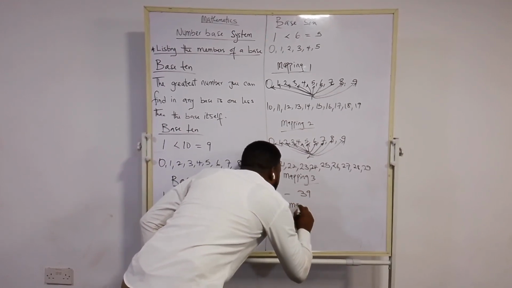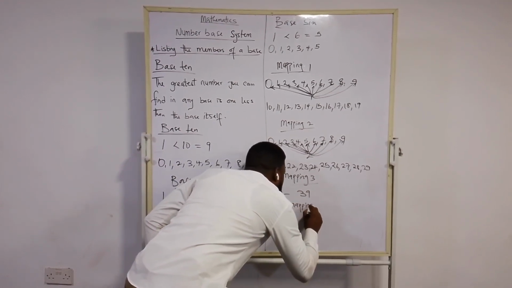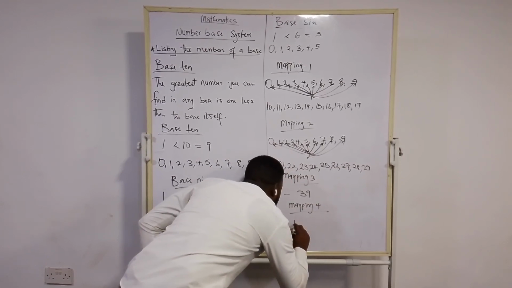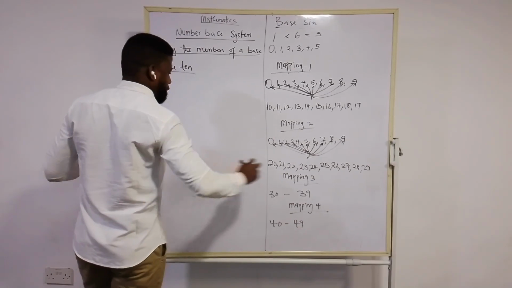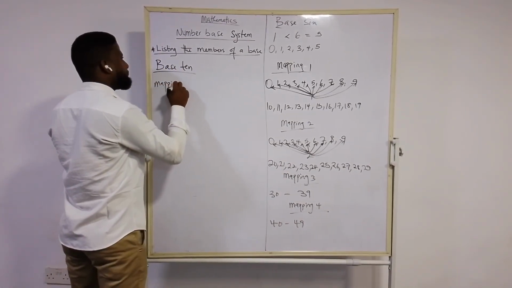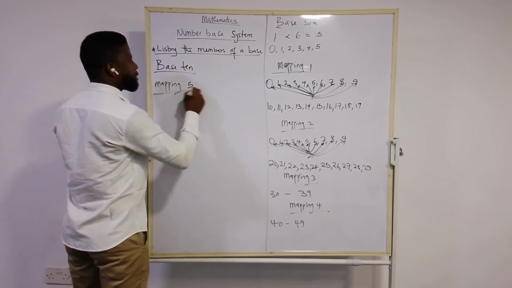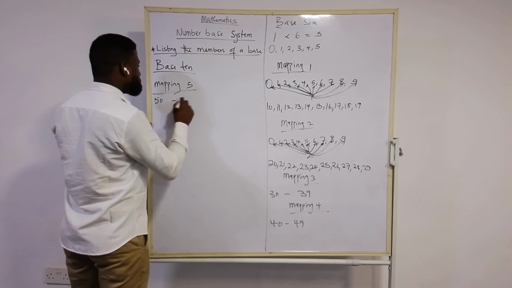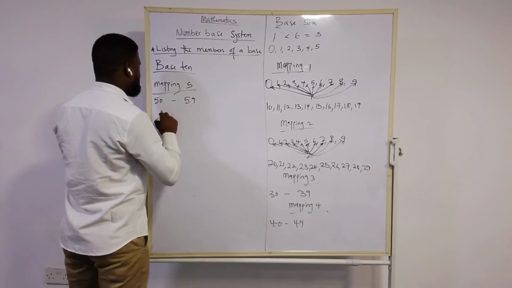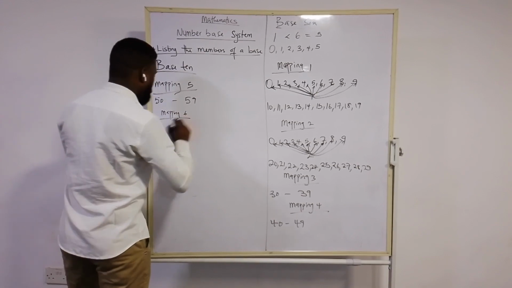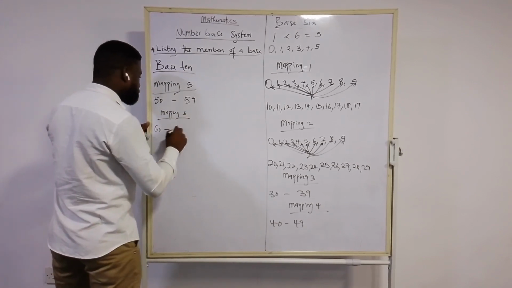Mapping 4, we will get 40 to 49. If you continue to map, mapping 5, you would get 50 to 59. Now mapping 6, we would get 60 to 69.